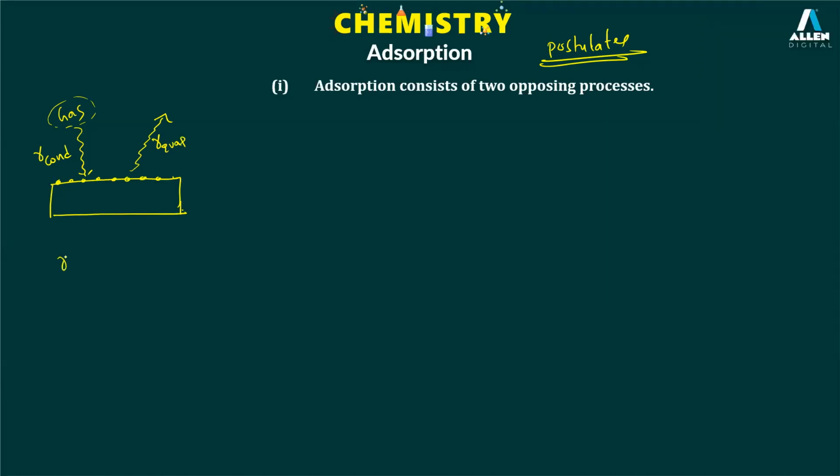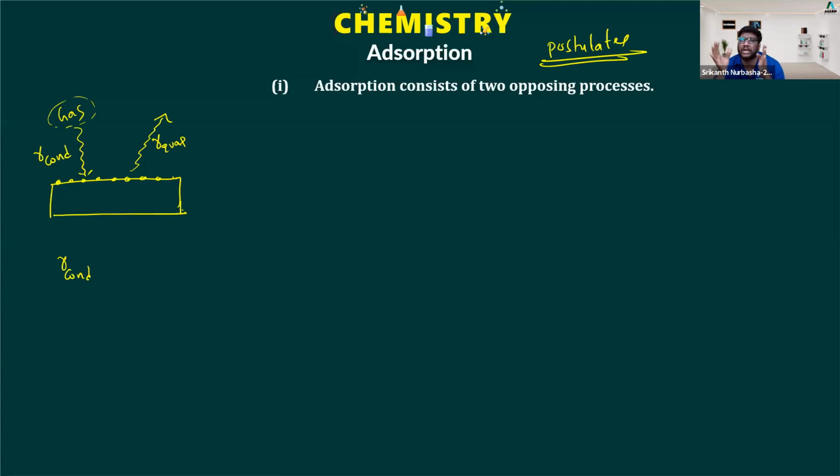The condensation is happening why? Condensation is happening to balance the unbalanced forces. Whatever molecules already got adsorbed also have a tendency to increase their randomness, because of that evaporation occurs.